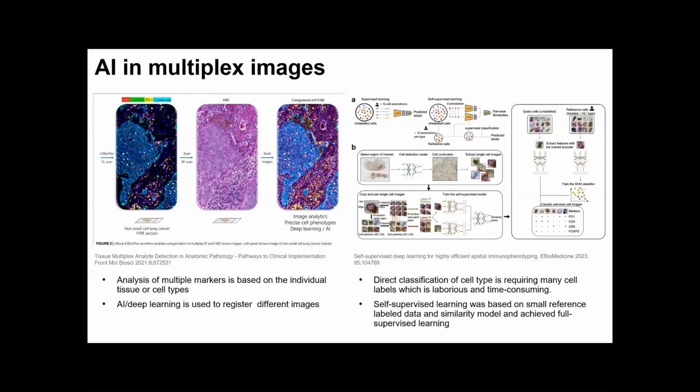Another approach to doing this is the direct classification of cell type. However, the classical supervised learning method requires many cell labels, which is laborious and time-consuming.